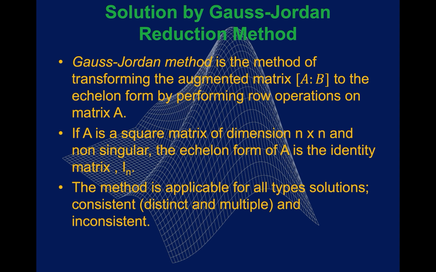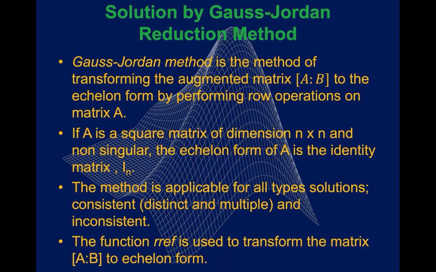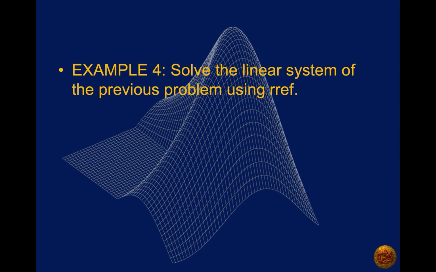The method is applicable for all types of solution: consistent with a distinct solution or multiple solutions, and then inconsistent. So you can also use this when A is singular. When A is singular, it means that the solution will be dependent.